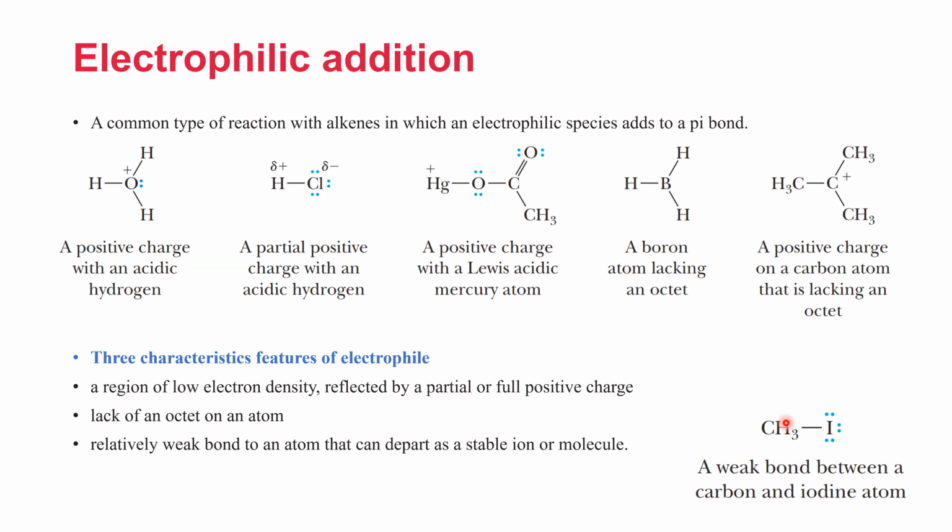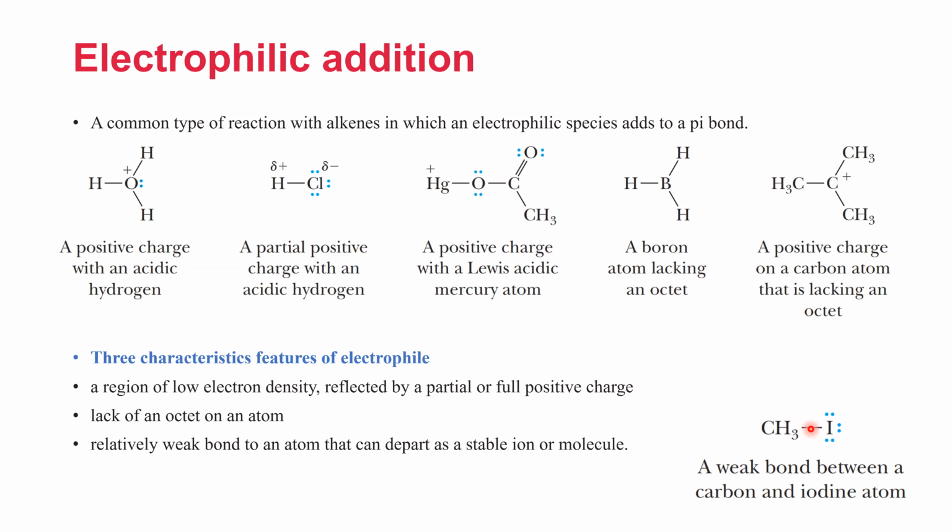So here, this is a CH3 and I. So a weak bond between a carbon and iodine atom. There's a question why this is weak, because there is not a significant electronegativity difference. They have almost the same kind of electronegativity, and iodine is very big in size, so that's why they have distance from each other.